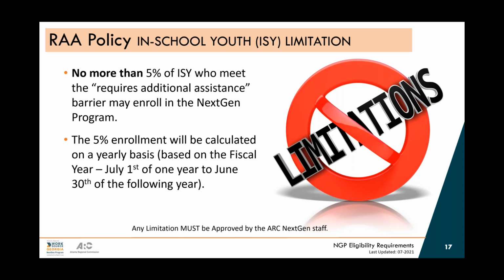We don't have that 5% on our out-of-school youth, but that's because for in-school youth, I think it's easier to qualify them for the program, because you can be qualified as basic skills deficient or English language learner. Those are easy ways to qualify someone. So we feel like maybe they don't need to be under this policy, while you may have more participants in the out-of-school youth program who do need to fall under this policy. So there's no limitation for that.